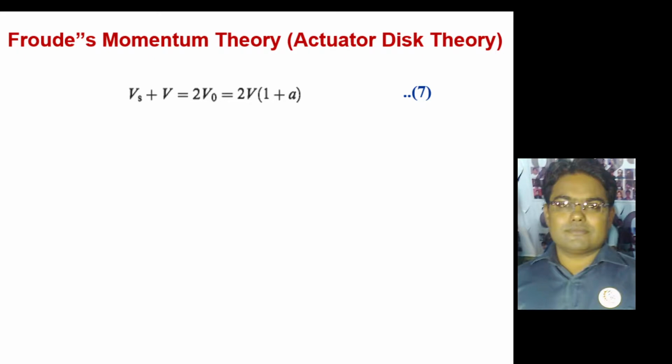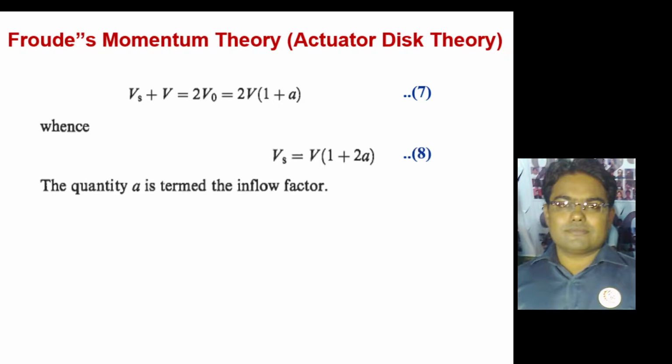So Vs plus V, if we write Vs plus V, that will become 2 times V naught. So V naught is given by V(1 plus a). So we can say this as 2 times V(1 plus a), equation number 7, where slipstream velocity Vs is equal to V(1 plus 2a). Alright, so the quantity a is known as the inflow factor.